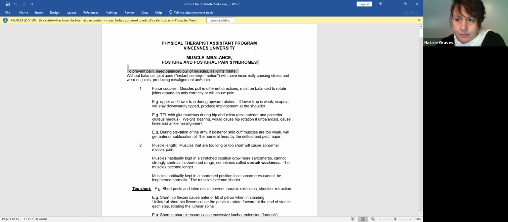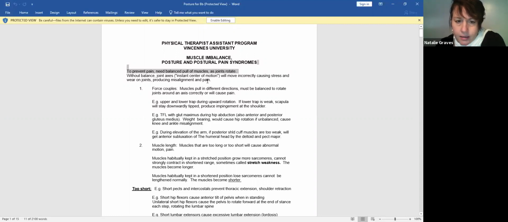And the basis of treatment is that without a balance of muscle, the joint axis will move incorrectly and thus cause more stress and wear and tear on the joints, which, according to Kendall, produced misalignment and pain.